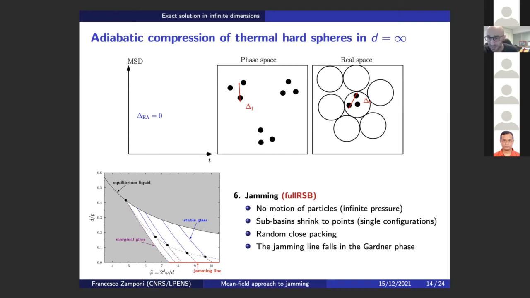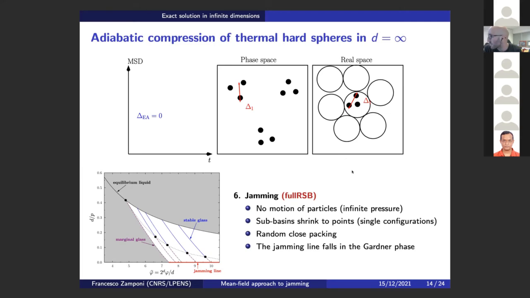And this means that the fact that you are in this full RSB phase at high pressure means that each particle can be stuck in many, many possible positions that are slightly different and depend on the other particles. So the interesting thing is that jamming happens inside this Gardner phase, and in the Gardner phase, you have full replica symmetry breaking.